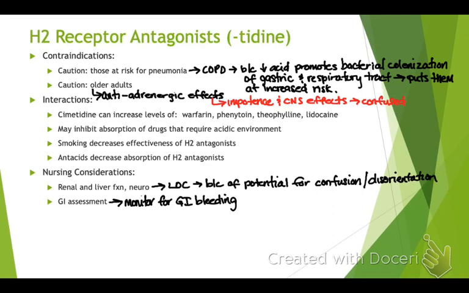Also caution with older adults because again of those anti-androgenic effects, such as impotence or CNS effects, which leads to confusion. So with older patients, if they're already confused, it might mask some adverse effects of these medications.